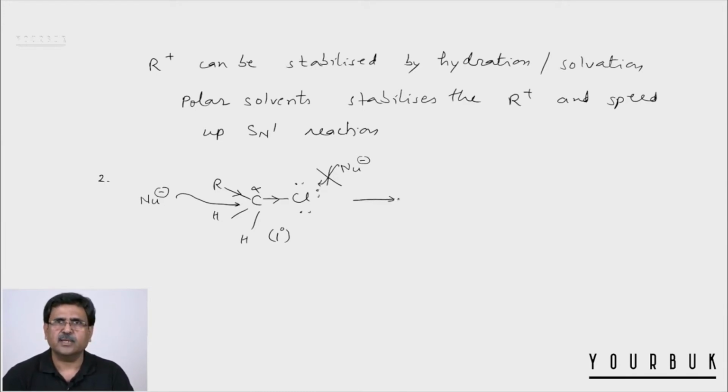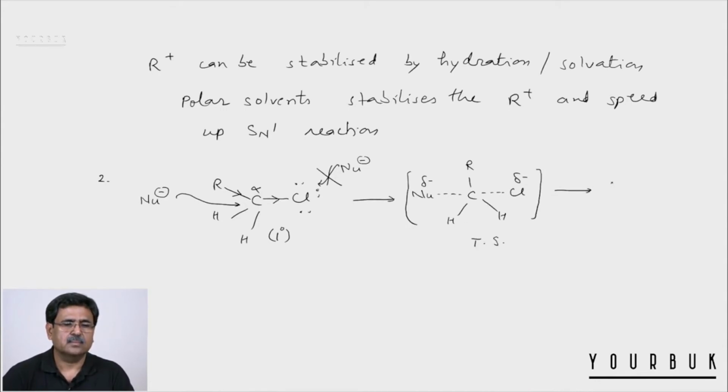And when the nucleophile attacks from the back side, it results in the formation of a transition state. So the reaction proceeds via a transition state. So this mechanism is called SN2.